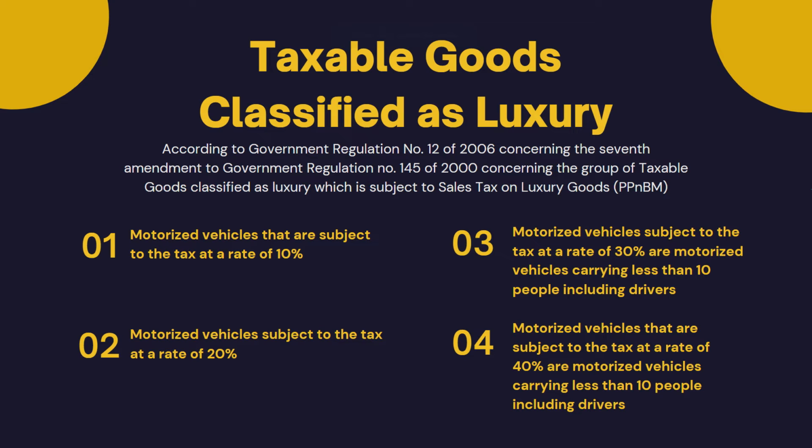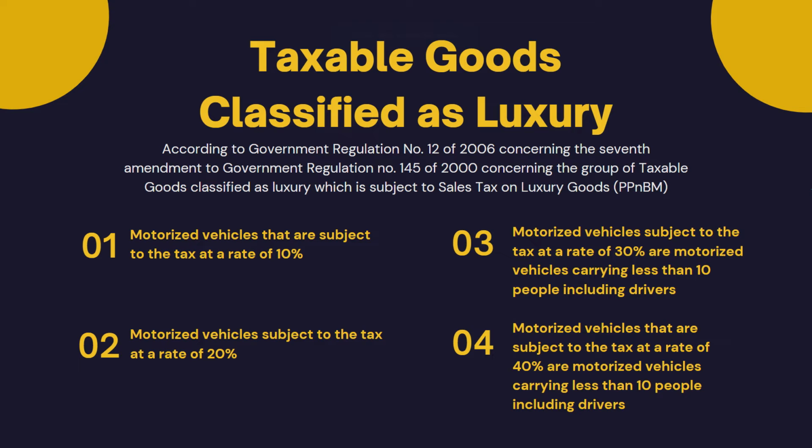So the motorized vehicle carrying less than 10 people, including driver, other than sedans or station wagons, with spark ignition or compression ignition engines with a single drive axle system, with a cylinder capacity of more than 1500 cc up to 2500 cc, and then a motor vehicle with a double cabin in the form of an open bed or closed body vehicle with more than 3 passengers including driver, with a spark ignition or compression ignition engine with a single axle drive system, or with a double axle drive system with all cylinder capacity, and with a total mass of not more than 5 tons.